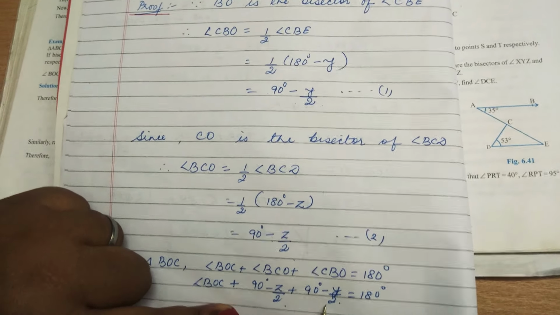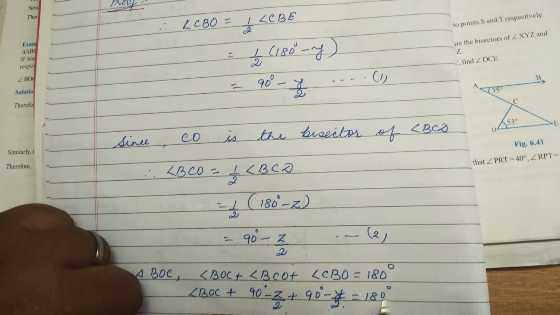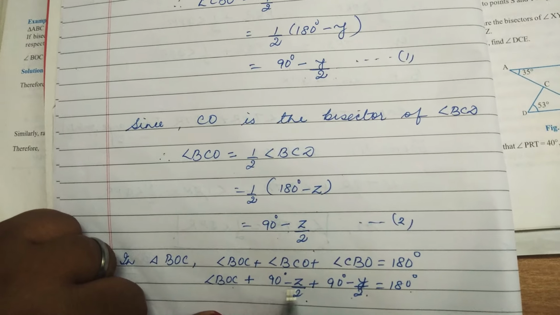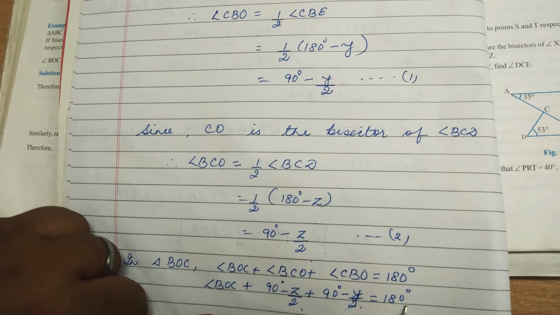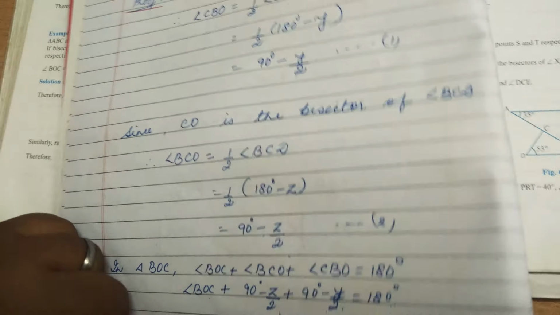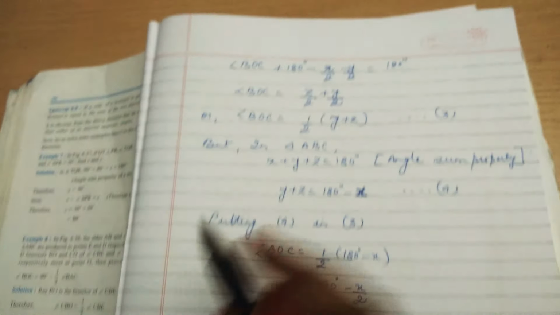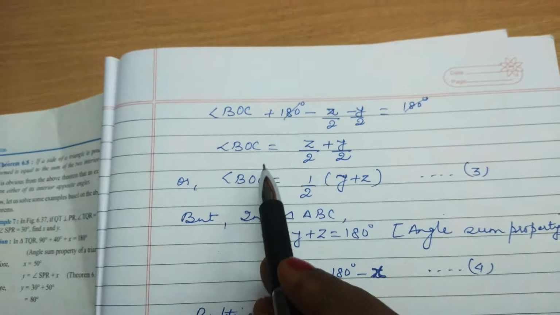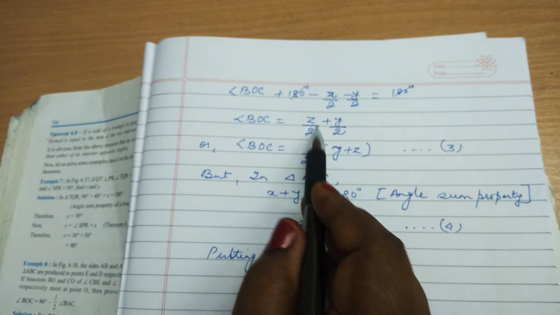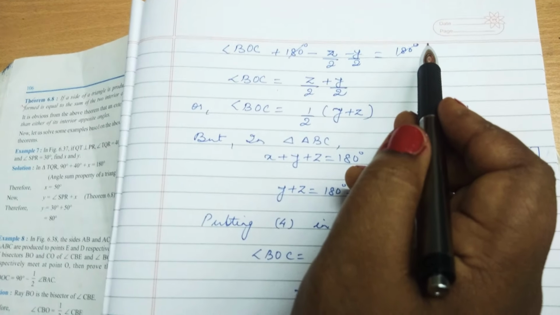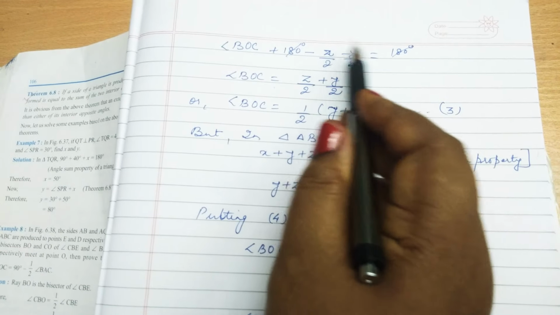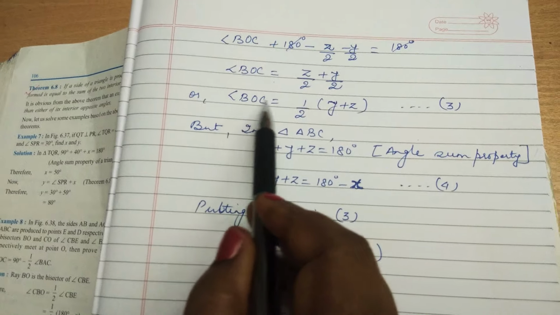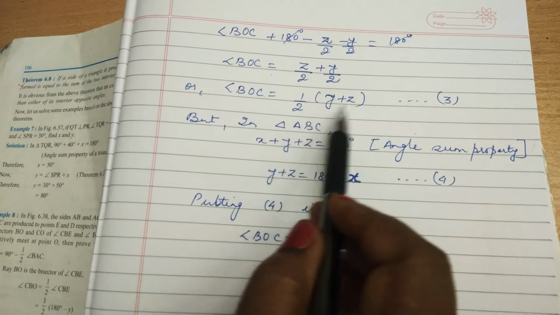We put those values, equal to 180 degrees. Now when you solve it, you get BOC plus 180 minus z by 2 minus y by 2 equals 180. So 180 and 180 get cancelled. When you transpose, the sign changes, so angle BOC is equal to z by 2 plus y by 2, or half of angle y plus z.